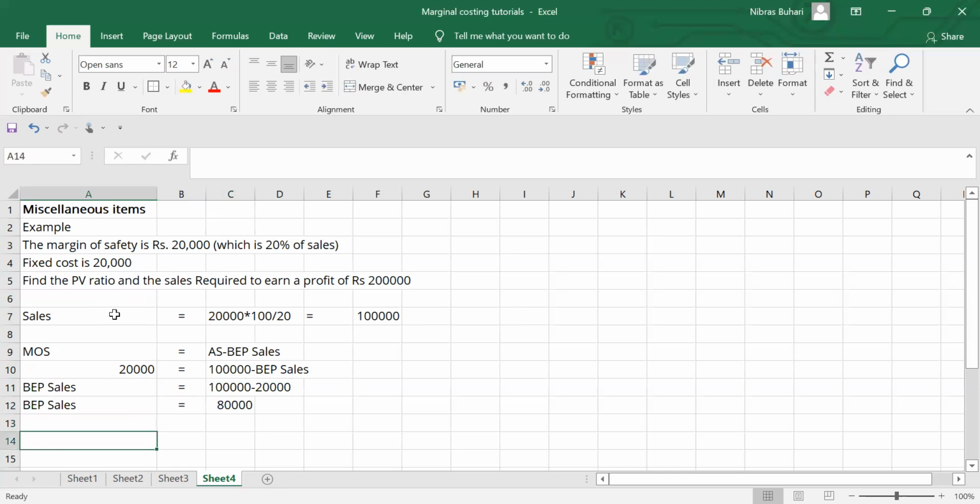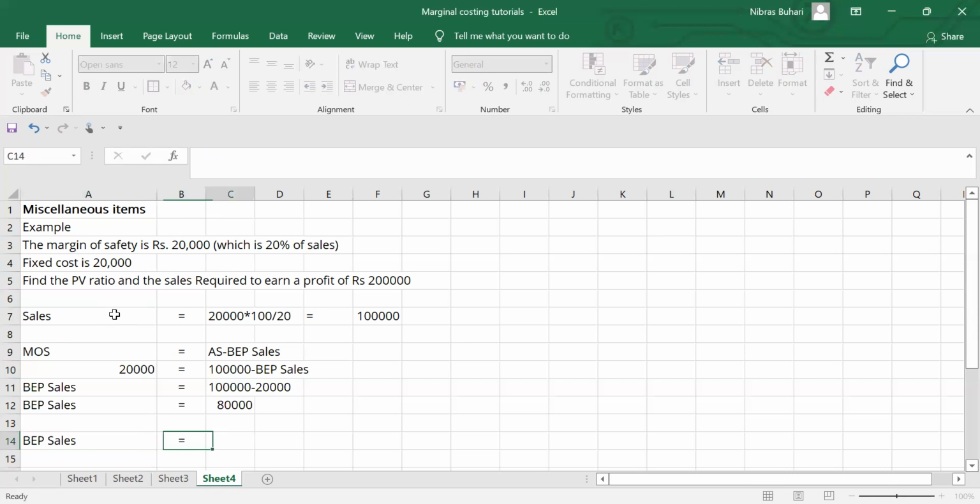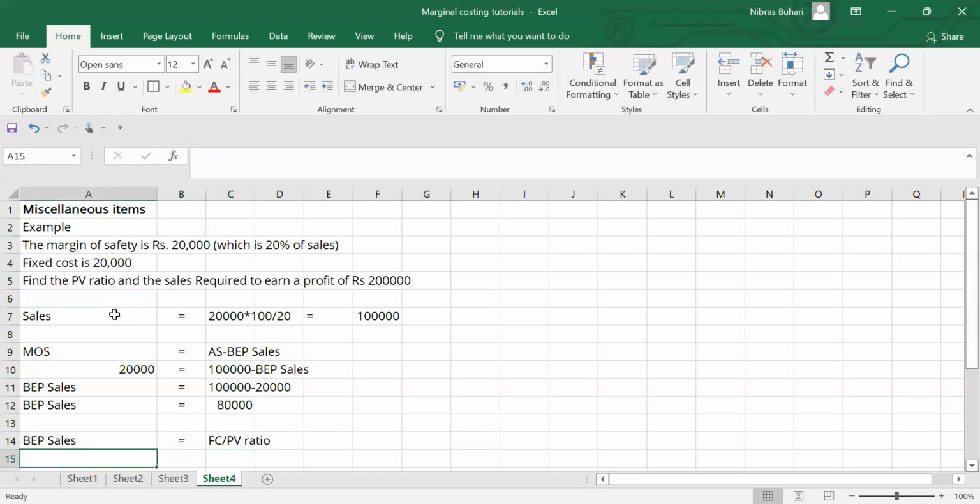Now we got BEP sales. That's great. You can find PV ratio using BEP sales. BEP sales is fixed cost divided by PV ratio. Now I need to find PV ratio. So take the PV ratio to the other side, BEP sales to the right hand side. So PV ratio is equal to fixed cost divided by BEP sales.